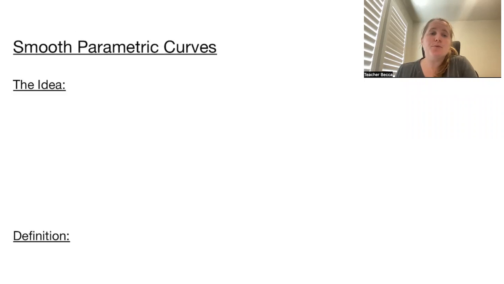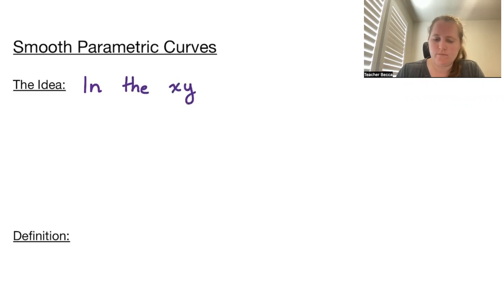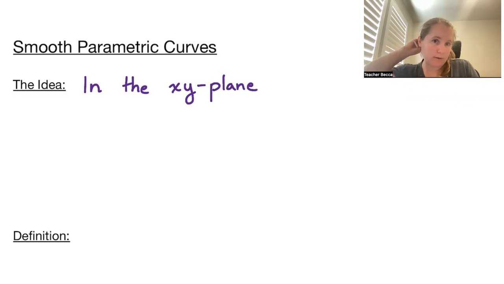Welcome to smooth parametric curves. So the idea here is, in the XY plane, we can consider a curve to be smooth if it does not have a cusp.